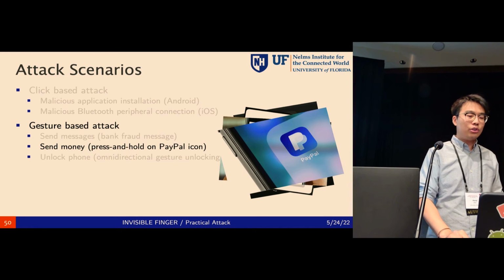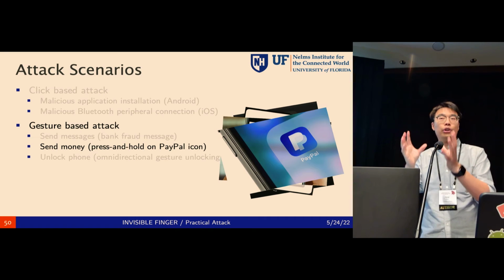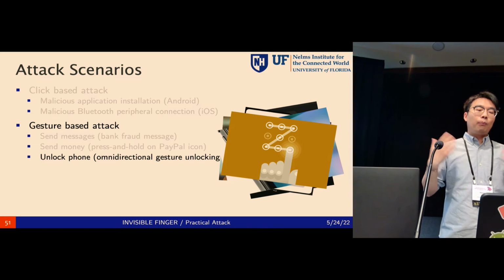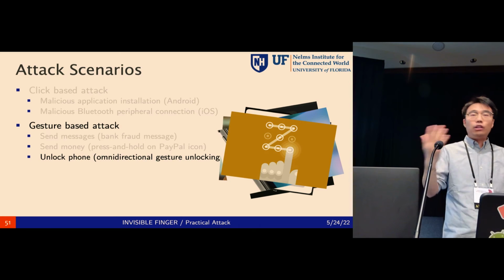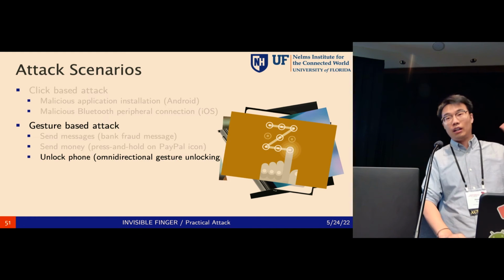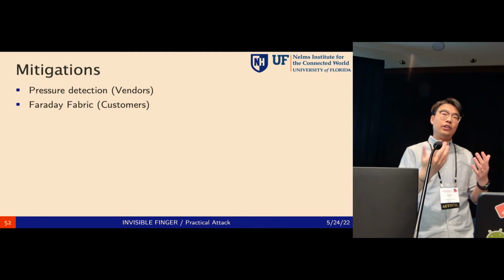We can also press and hold on the PayPal icon to show the QR code, which we can just scan and then transfer the money. And more complicatedly, we can use an omnidirectional gesture attack to unlock your cell phone if you're using a gesture unlocking mechanism. I'm pretty sure there are more interesting attacks you can achieve using our techniques.